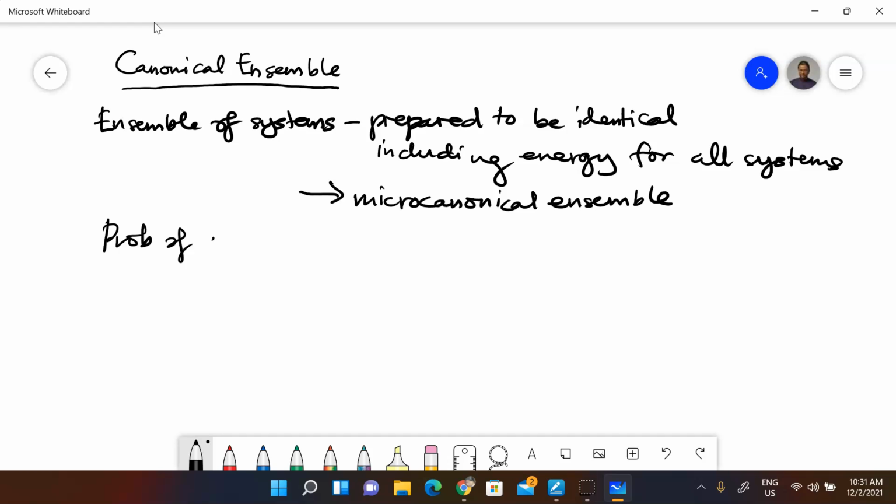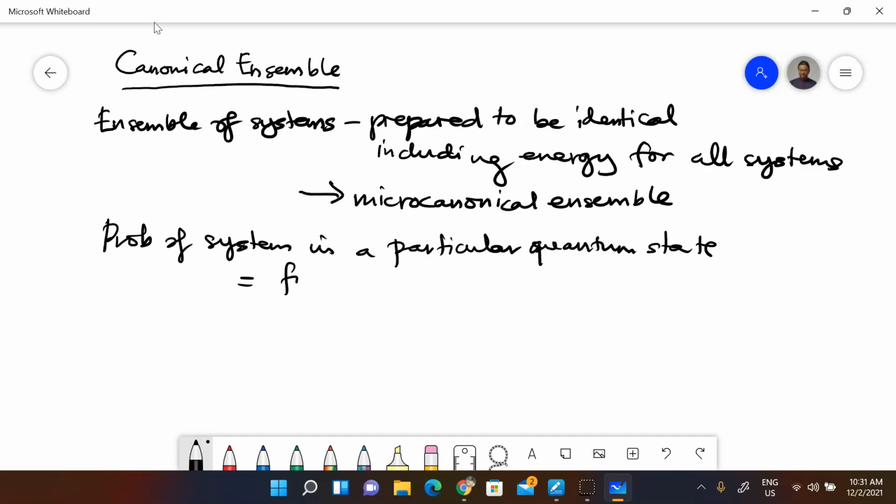The probability of a system in a particular quantum state that has that energy is essentially given by the fraction of the ensemble in that state. So you still have this idea of statistical probability in that sense.